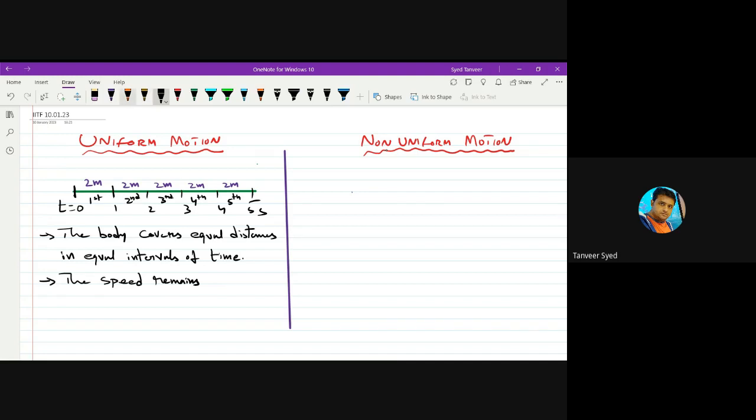Okay, then tell me, what is the speed of the body in first second? 2 meters per second, sir. What is its speed in second second? 2 meters per second, sir. Same. Third second? Same, sir. In all the intervals of time, its speed is remaining same.